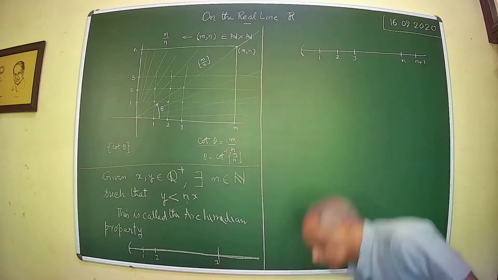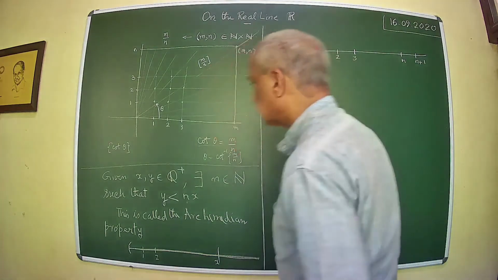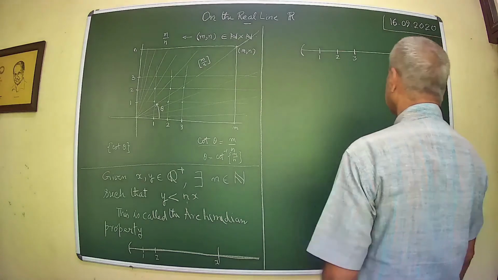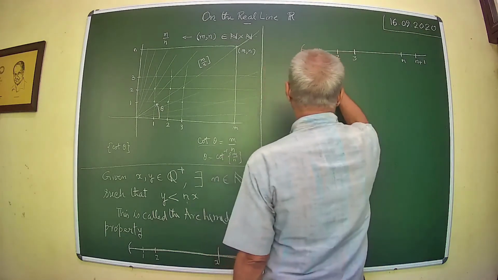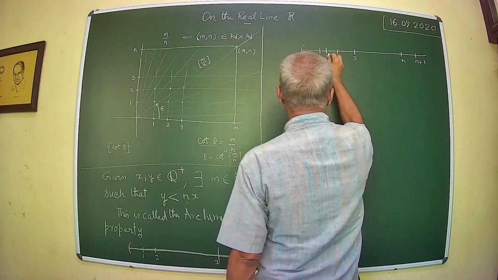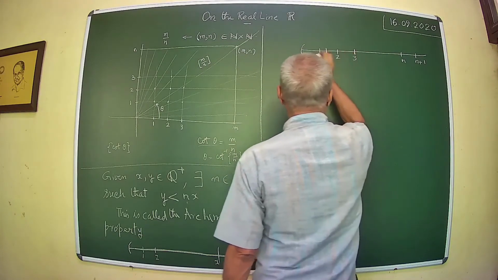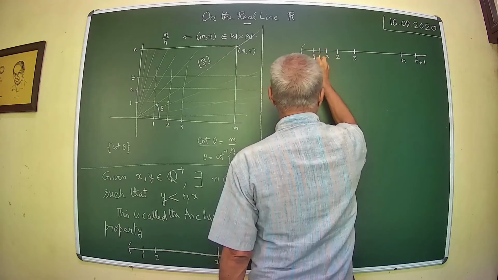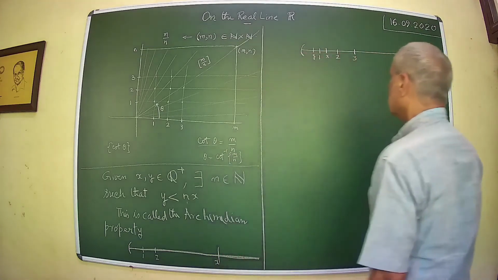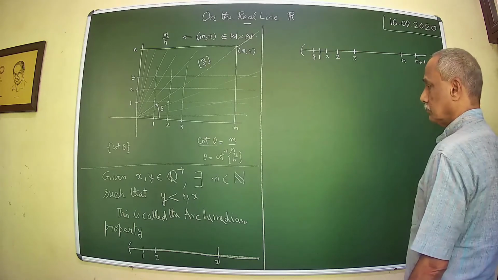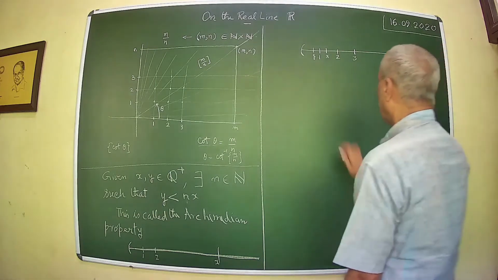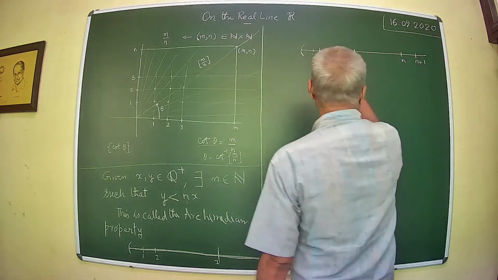What it says is the following. Now if x and y are 2 points, say x is this and y is something like this, or maybe you mark y somewhere here.